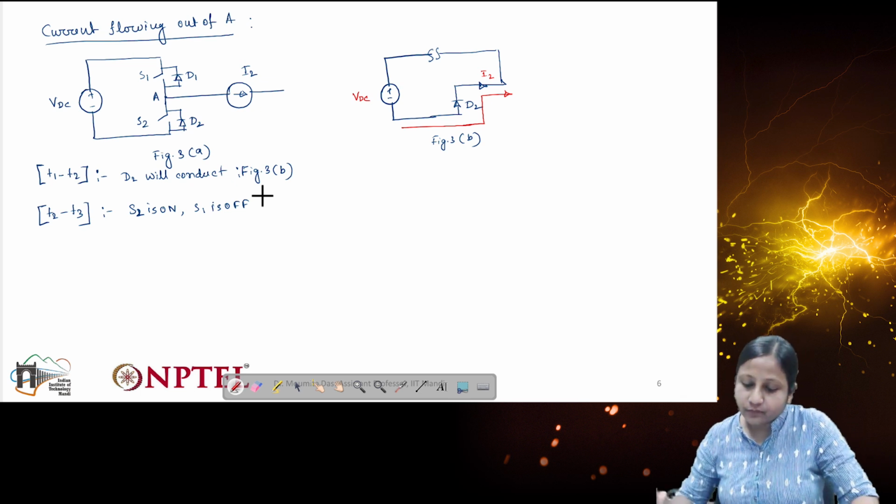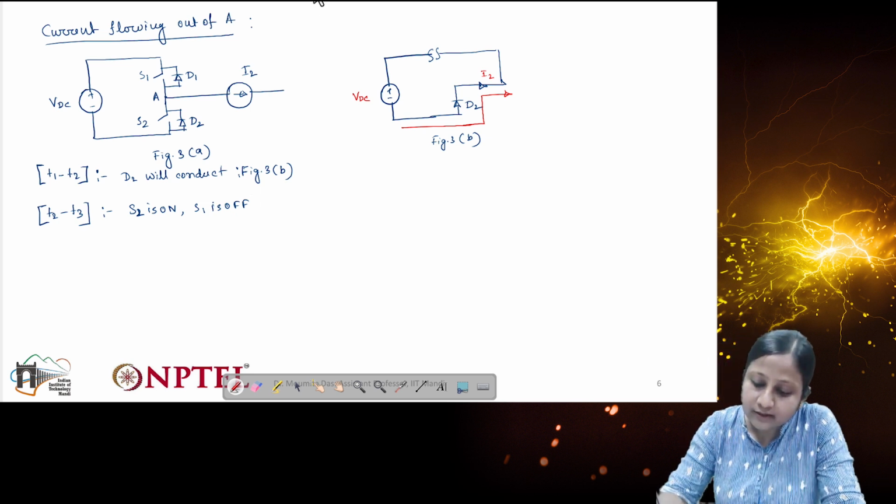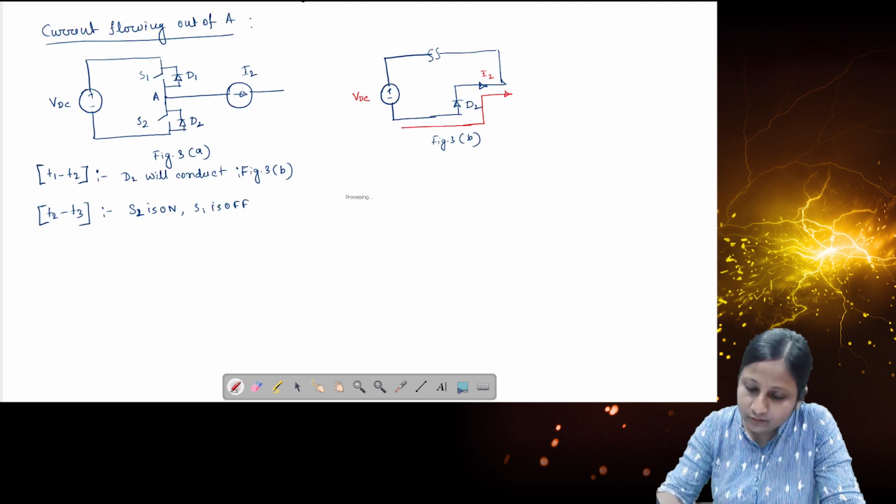Obviously, if S2 is on, the condition is such that current cannot flow from A to the ground, so the current is in the opposite direction. This is a similar situation to the previous discussion.